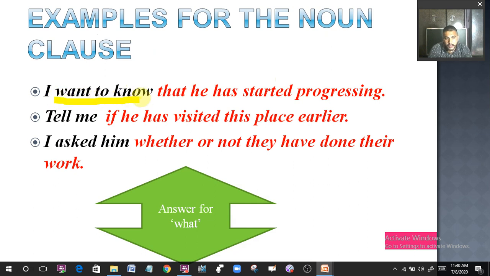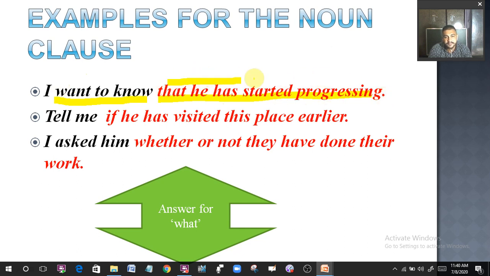I want to know. This is a principal clause asking a question: what do I want to know? I want to know that he has started progressing. What do I want to know? That he has started progressing.